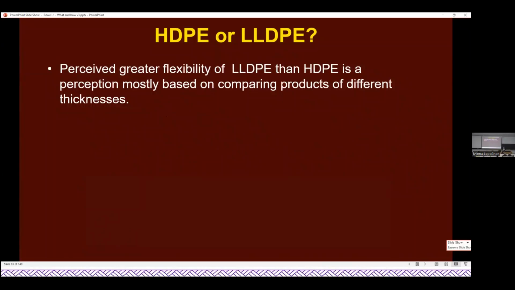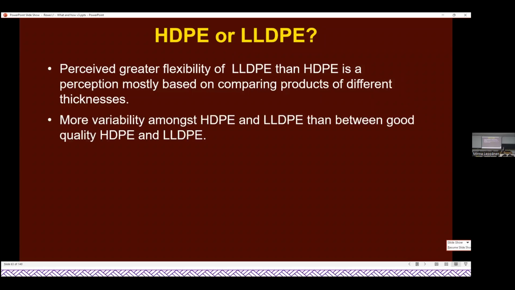Then there's the question of HDPE versus LLDPE. LLDPE is perceived to have a much greater flexibility than HDPE. That's largely an incorrect perception because it's often made comparing thinner LLDPE to thicker HDPE. HDPE is cheaper. If you compare apples to apples, it is true that LLDPE is a little bit more flexible, but not massively so.